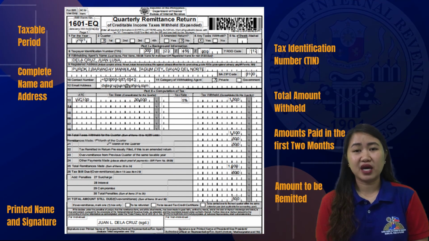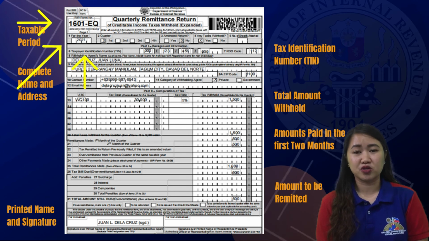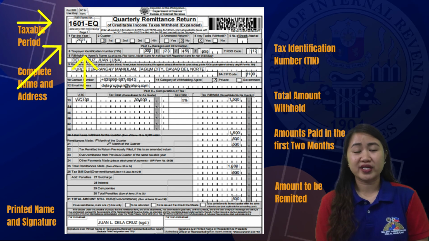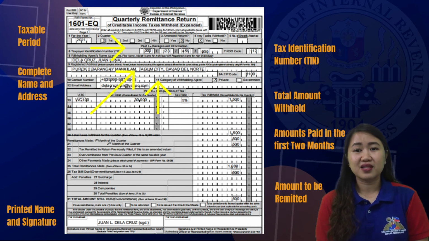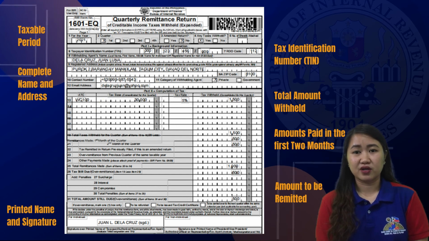In filing BIR form number 1601EQ, the following data need to be duly filled up. First is the taxable period, where we specify the taxable quarter the tax is applicable. Second, the tax identification number of the taxpayer.